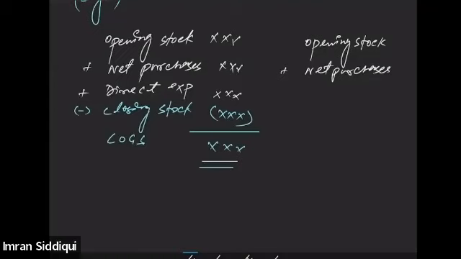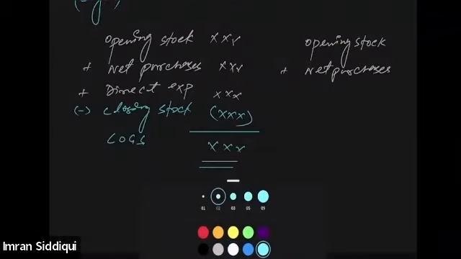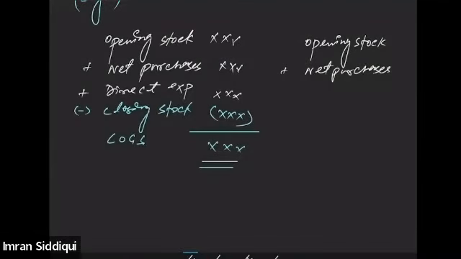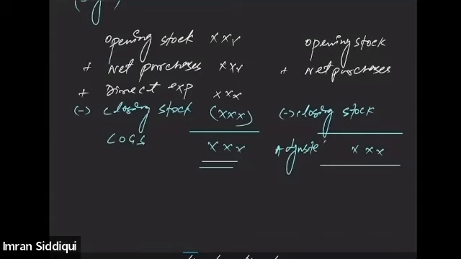But this time we do not add any direct expenses. Instead, we just subtract the closing stock. All right. So this is called adjusted purchase.